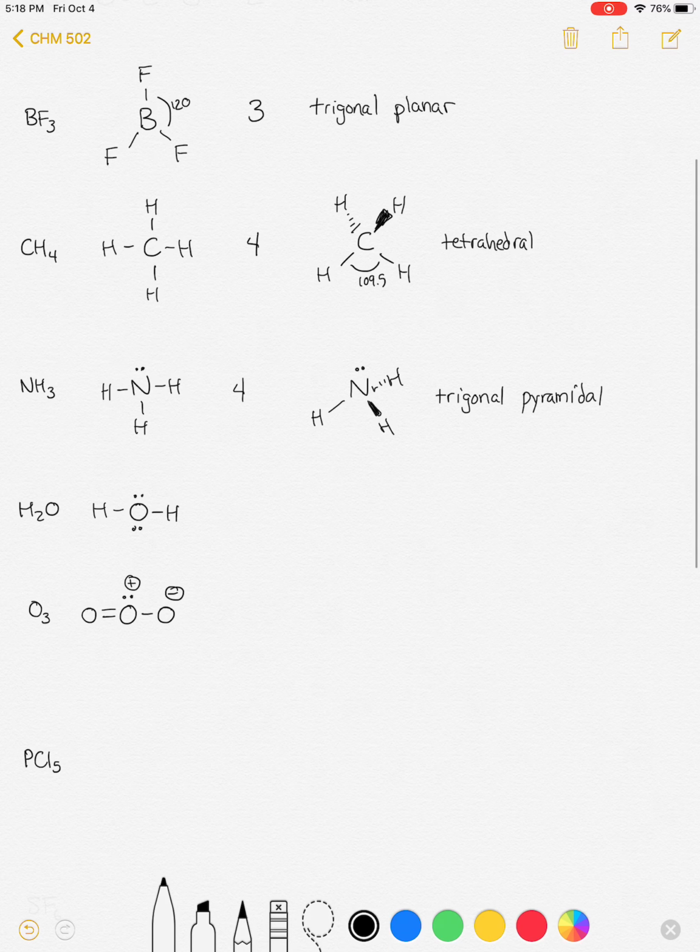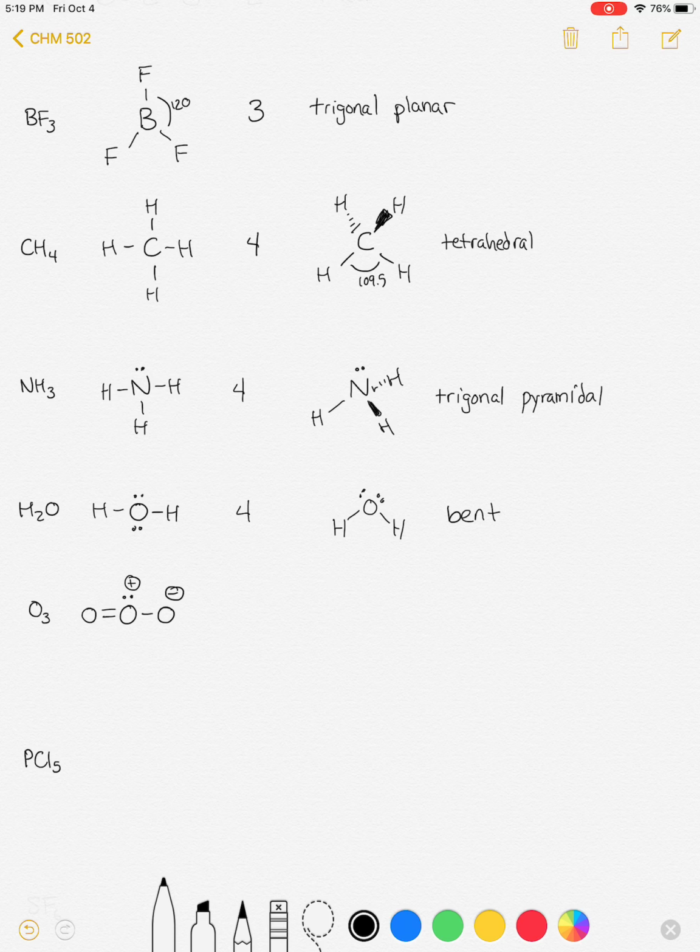Now we can move on to water, H2O. We can ask the same question: how many things are around the central oxygen? There are still 4, because lone pairs are still things. And the way that's going to look is like this. Now these lone pairs are in a different plane than the 2 hydrogens, and this is a bent molecule.